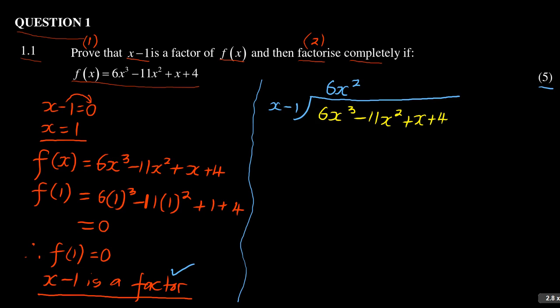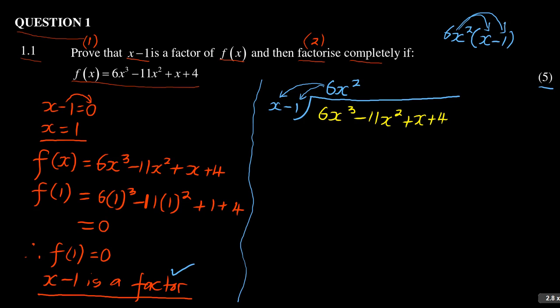So you are going to have 6x squared, and then the next thing you're going to do is to multiply 6x squared by x and by minus 1. In other words, you have 6x squared into x minus 1. So when you expand, that's what you're doing.